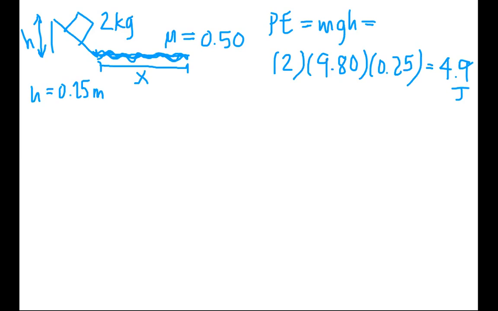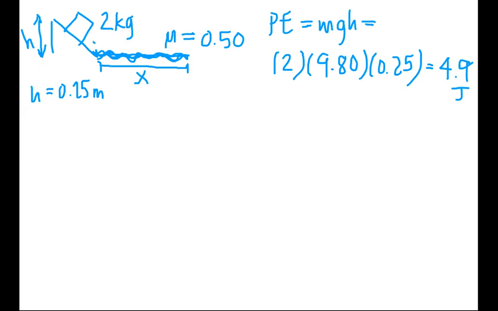However, I don't know if we necessarily need to take that into account, because what we're asking to find is how far it travels along the horizontal surface. So I think that the next step in our solution to this problem would be to look at it at the next critical point, which is when it reaches the rough horizontal surface.